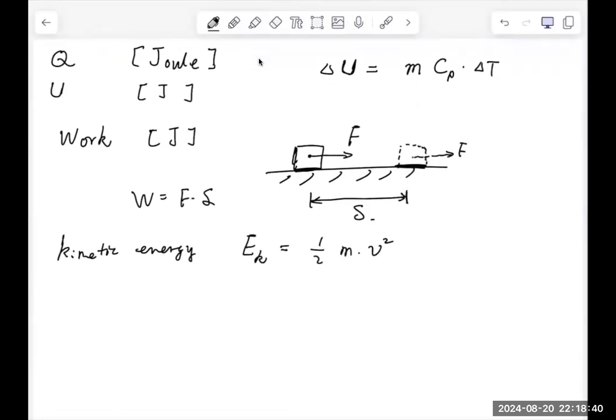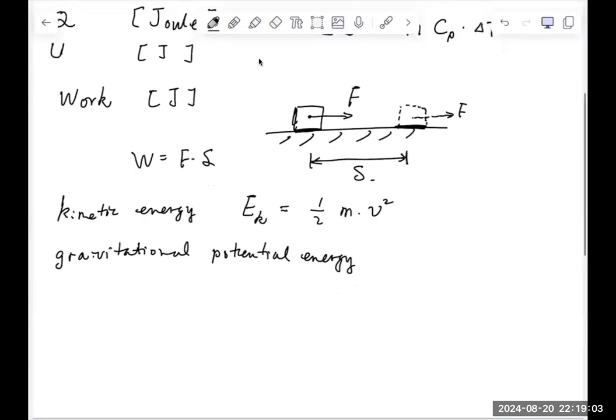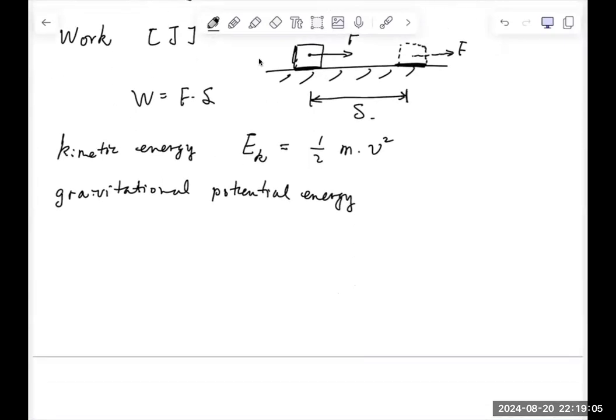And in addition to kinetic energy, there is the potential energy as well. Most of the time when we say potential energy, actually it's gravitational potential energy. That is basically, let's say, if you have the object elevated to a certain height.